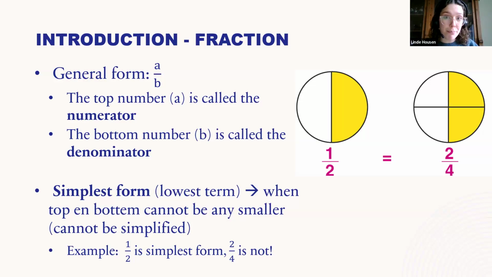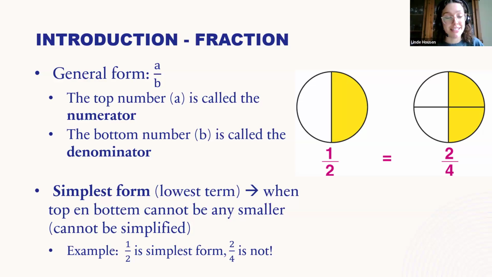So in this example, 2 on 4, 2 pieces of the 4 pieces is the same as 1 piece of the 2 pieces. Do you see that? So the simplest form is where the A, so the numerator and the denominator are the smallest possible. So in our example, it's the 1 on 2. I hope that everyone understands that.